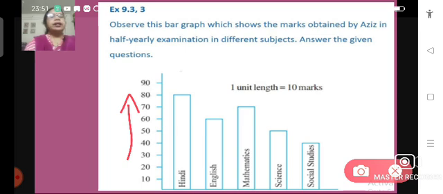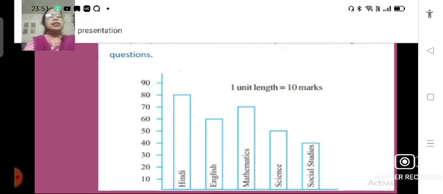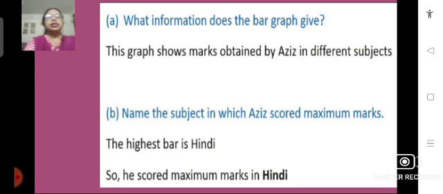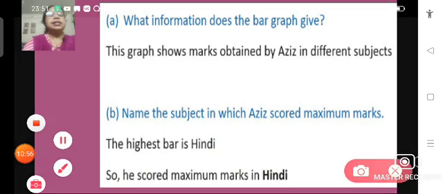Now 1 unit length here is equal to 10 marks. Now let us answer the questions related to this bar graph. What information does the bar graph give? This graph shows marks obtained by Aziz in different subjects.